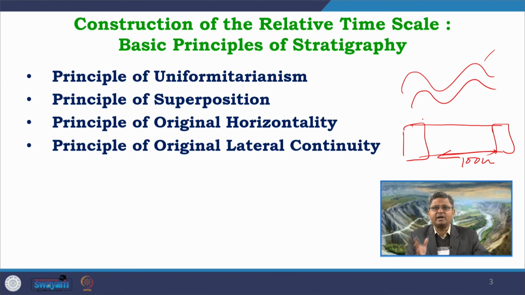Today they are appearing as separate units because maybe some erosion has occurred, maybe some faulting, maybe some folding, maybe a river is flowing through that and a valley has formed, and that is why these units are today appearing as two discrete units. But originally when they were deposited, they were continuous. So, this principle of original lateral continuity is the basic principle for correlation.